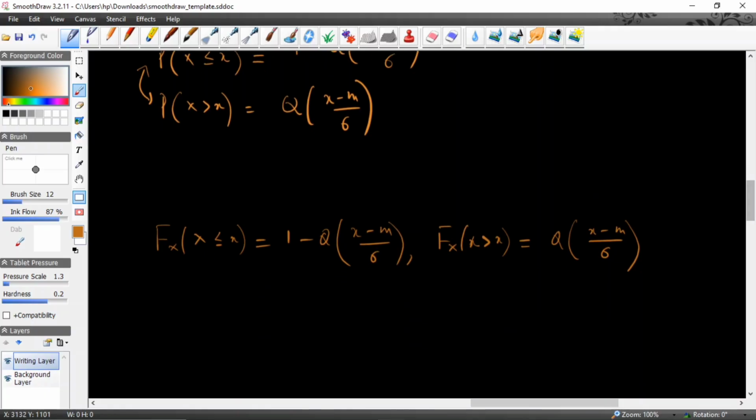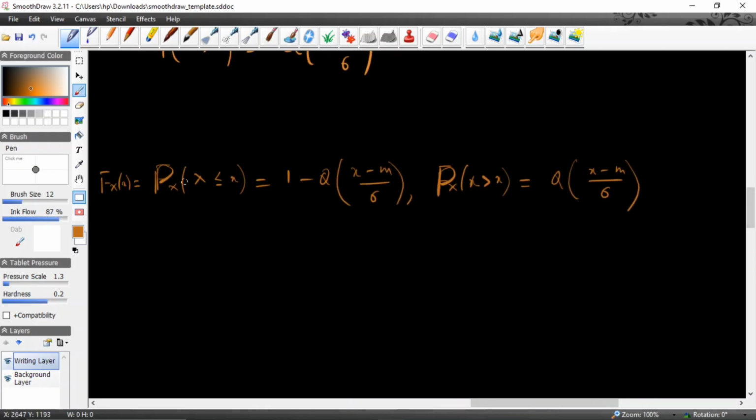So this is the probability of the random variable having value less than or equal to x, which we call F_X(x), the CDF, and this is the probability of the random variable having value greater than x.